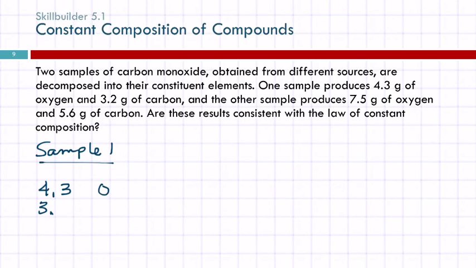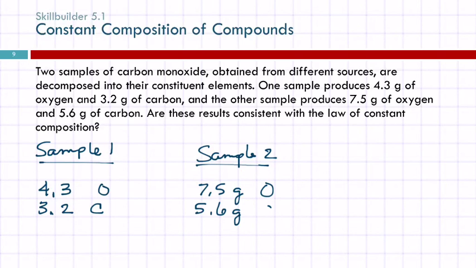Okay, and then sample 2, 7.5 grams of oxygen and 5.6 grams of carbon. Well, just looking at those numbers, those are messy numbers. It's hard to compare them, right? Let's look at the ratio. Oh, I forgot the units over here.